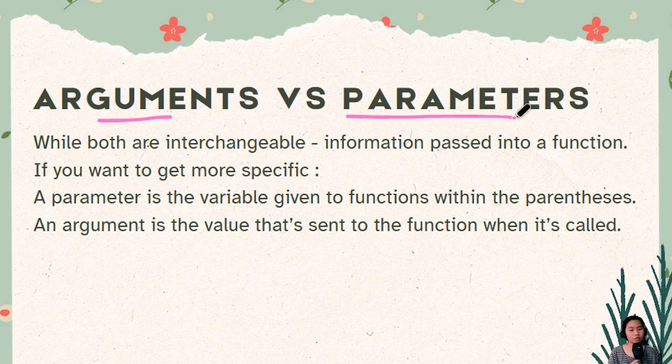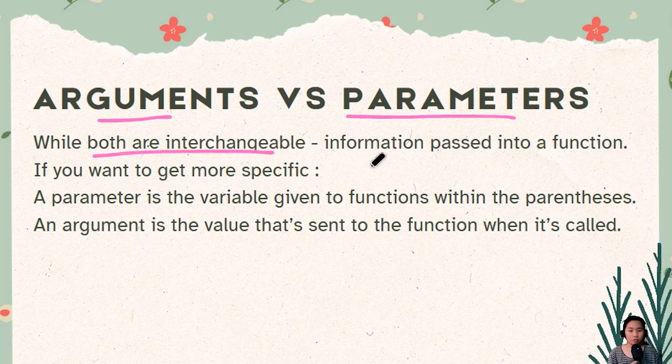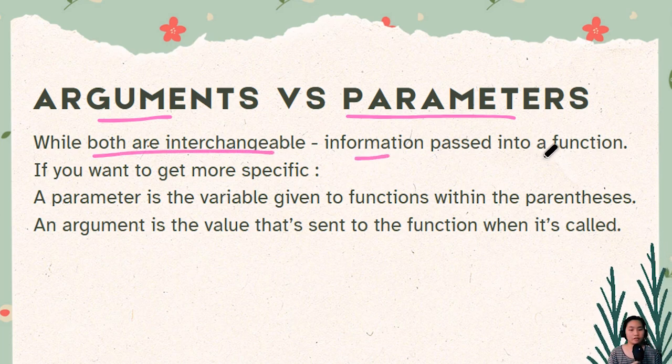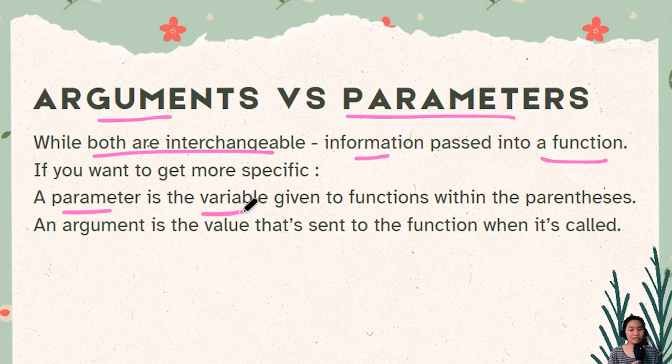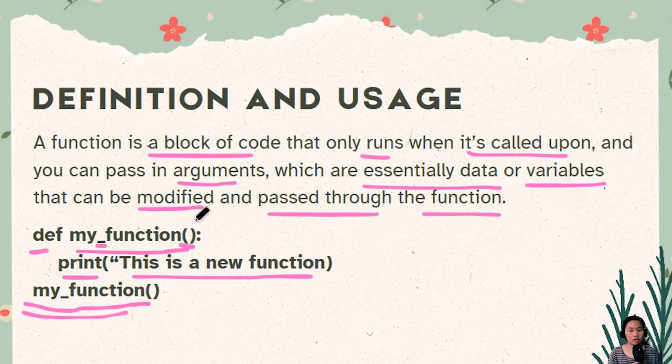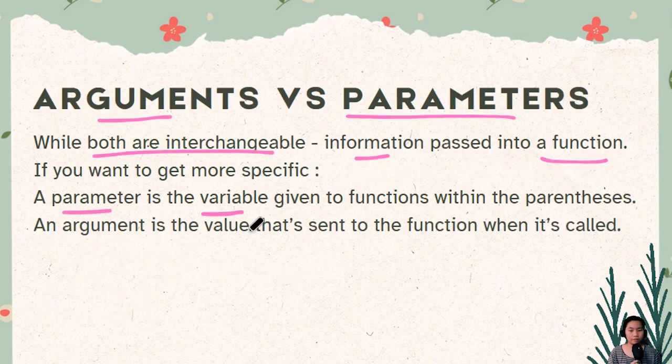Now let's talk about arguments and parameters. They're very similar but also very different. Okay, so both are interchangeable. They both represent information passed into a function. But if you want to get more specific, a parameter is a variable or data given to the function within the parentheses here.